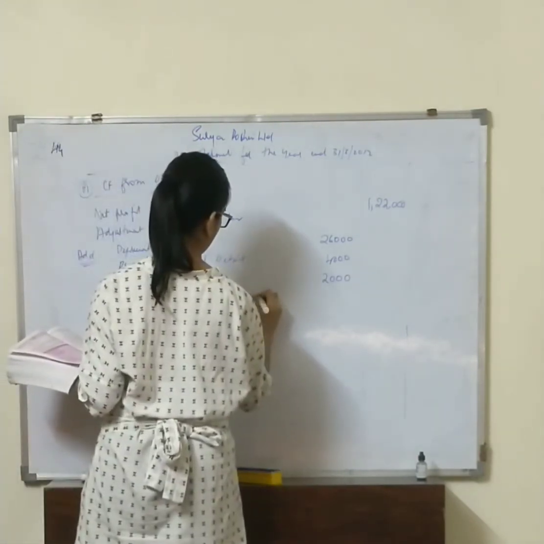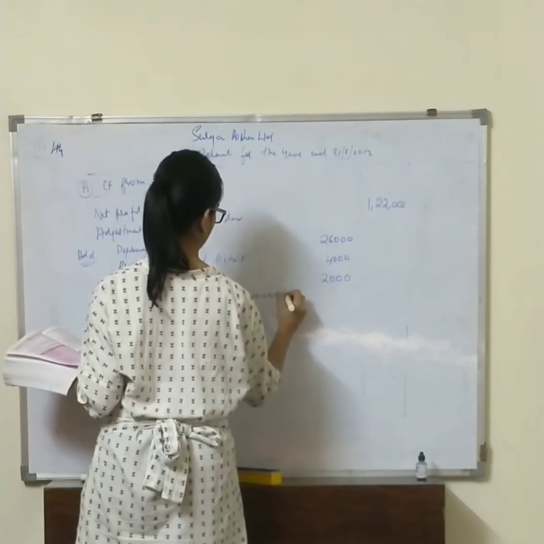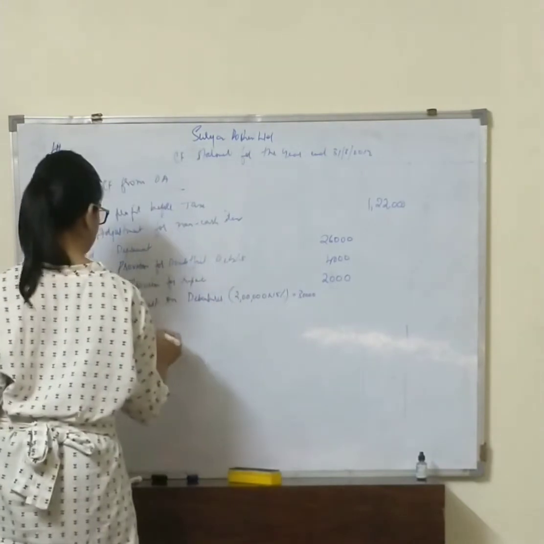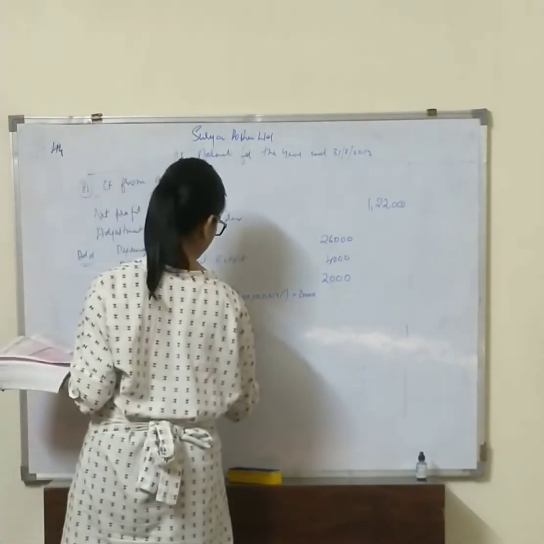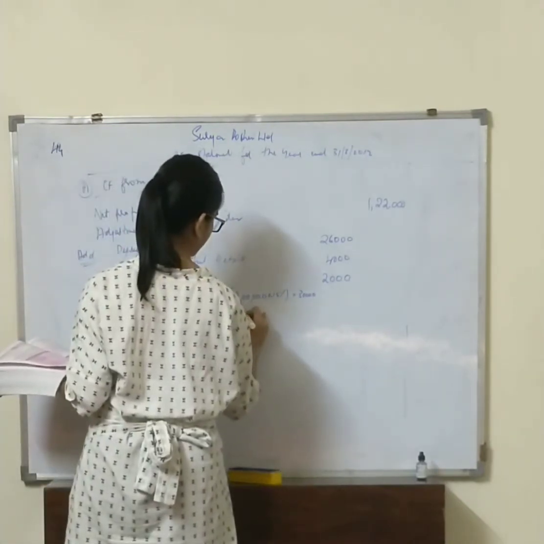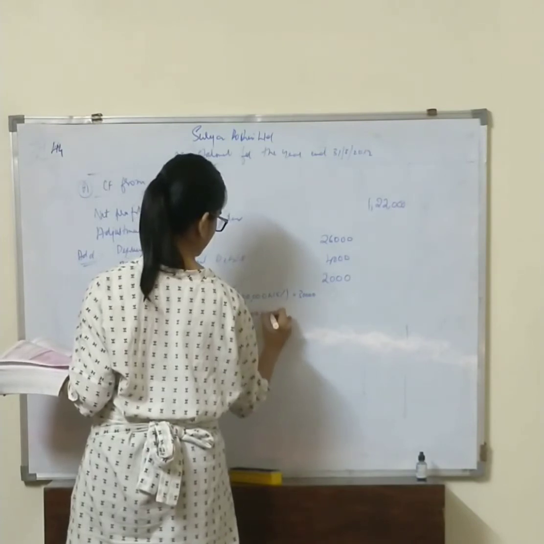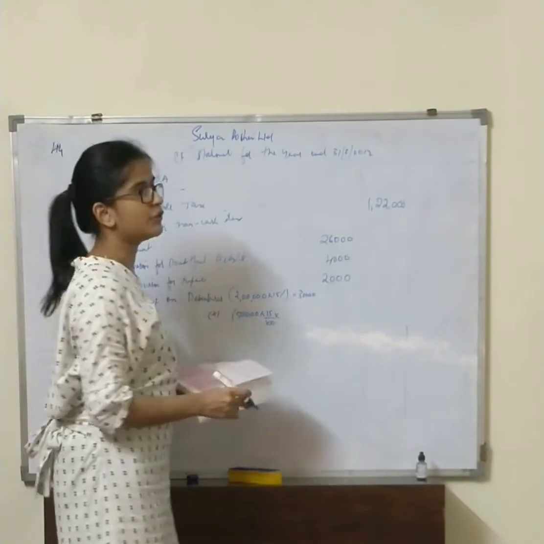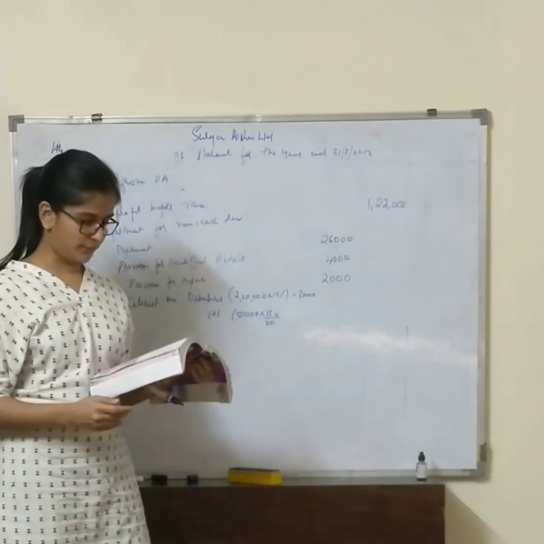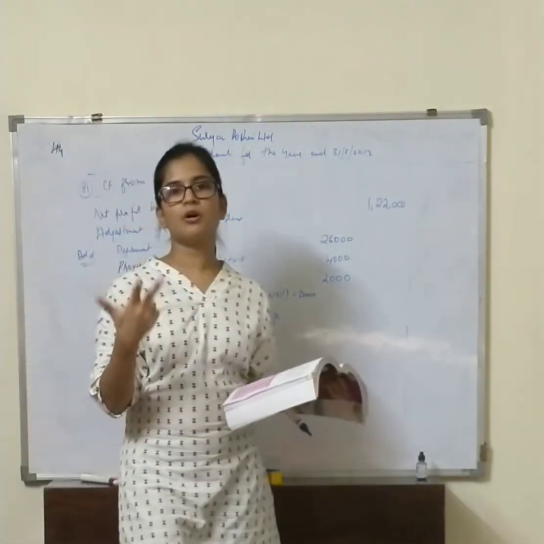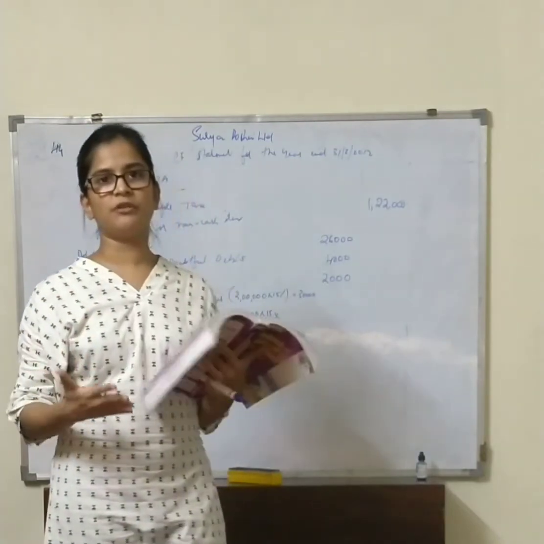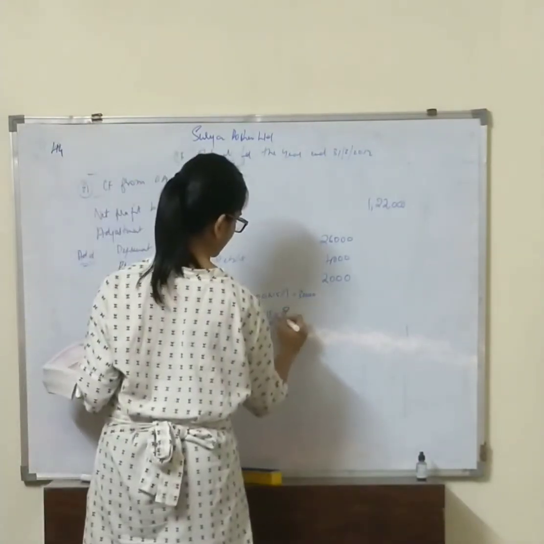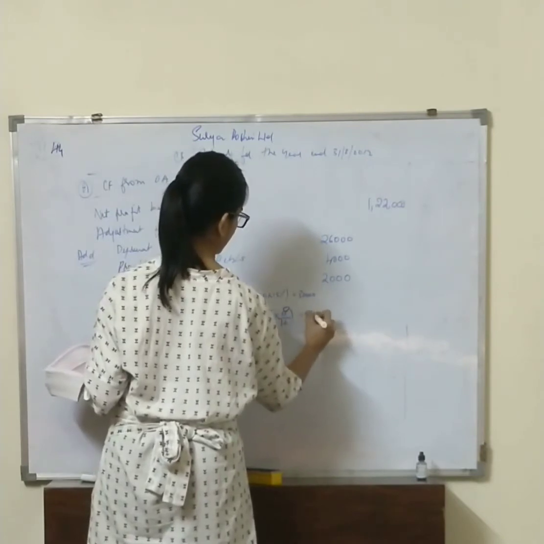It was 2 lakh into 15%, that is 30,000, and on par they issued again 50,000 into 15 by 100 into, for how many months did they issue? They issued it for August. So August, September, October, November, December, January, February, March, because our year ending is March. How many months? 8 months. So it is 8 by 12, which is 5,000.